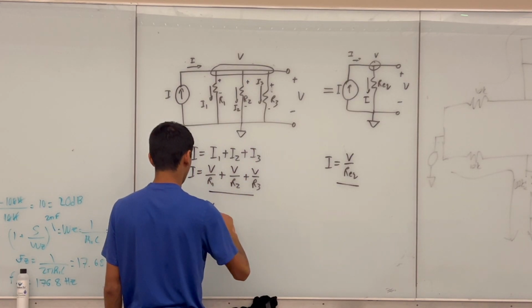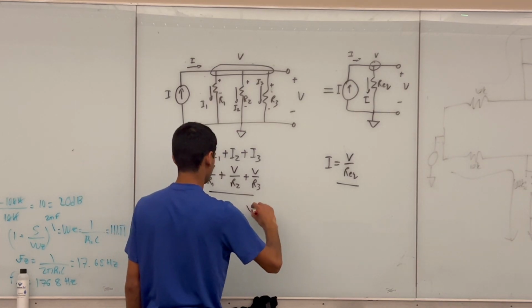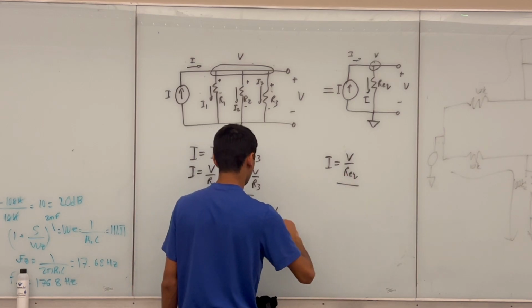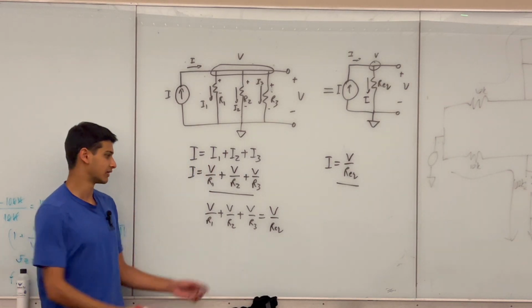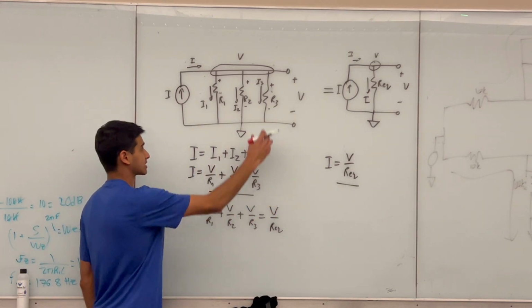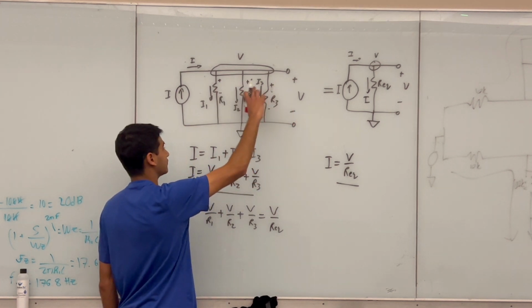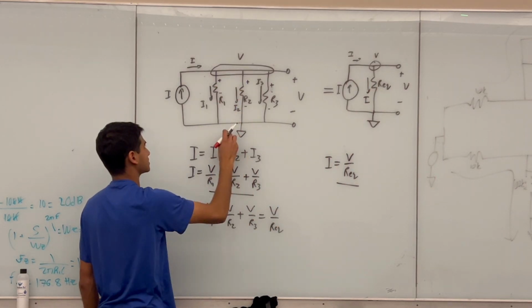So V divided by R1 plus V divided by R2 plus V divided by R3 is equal to V divided by REQ. And in this case, every single V value is the exact same, because that's the voltage across every single one of these components, again because they're connected to the same two nodes.